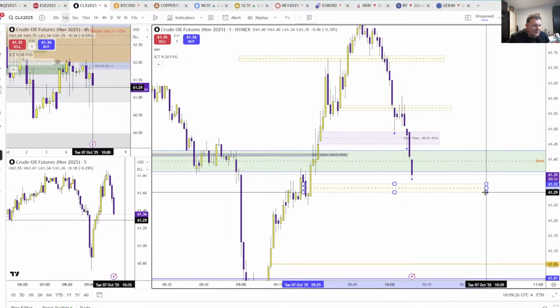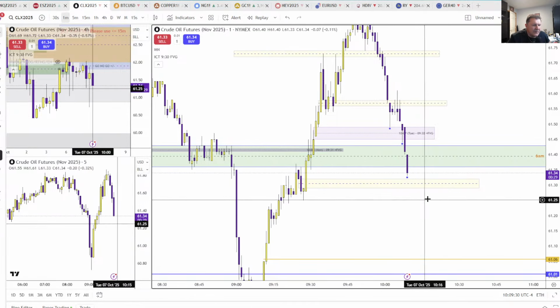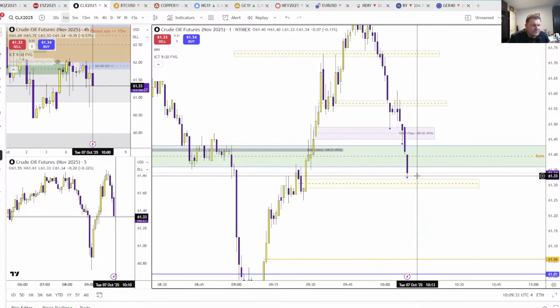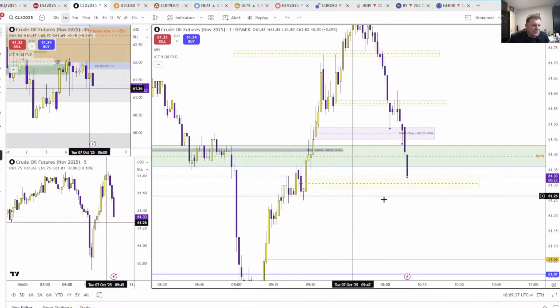It happens to overlap with that bigger one here. That one's just got hit. Watch for this one now.